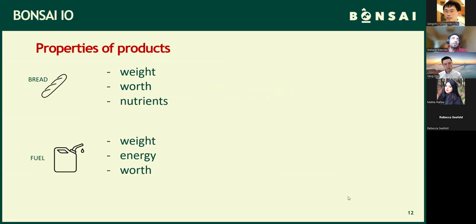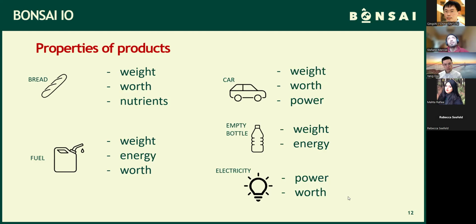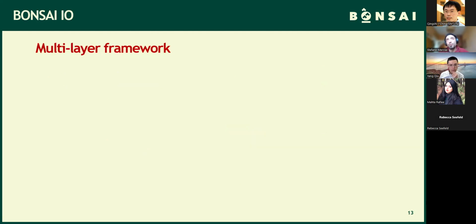Then we have different products, for example fuel, that might have different properties. And all the other products and flows that are exchanged or produced in society, in the economy, or between the technosphere and the biosphere might have some specific properties or common properties.